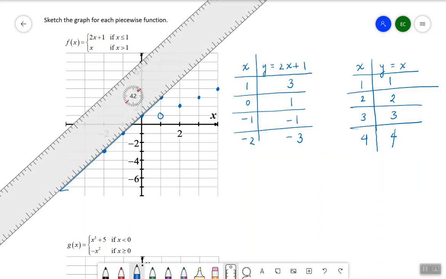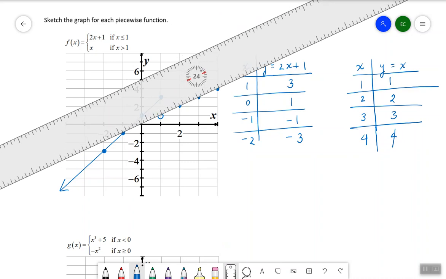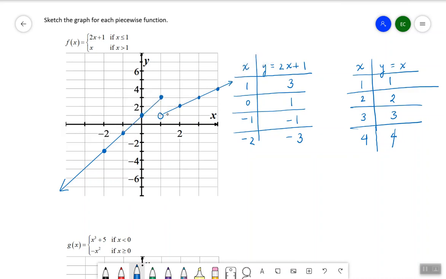We can take our ruler and draw out to the right from x equals 1. And there's our graph.